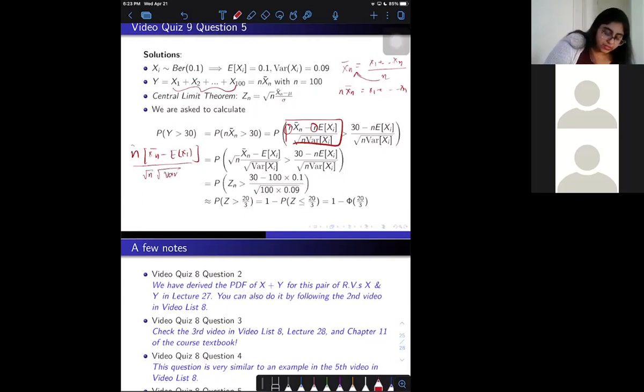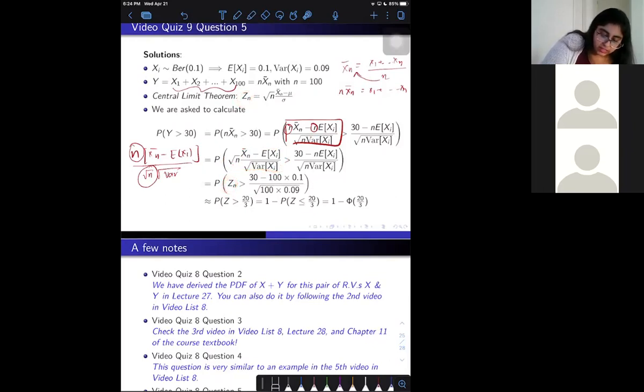If we simplify this n and this square root of n, we just get the square root of n right here. Make sense? Just a simplification for this side. Why did we do that? Because now this thing looks like Zn, so we can replace it by Zn.